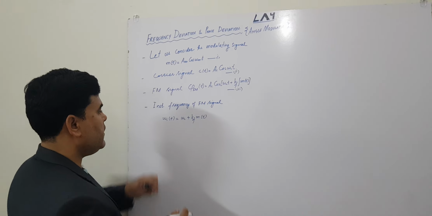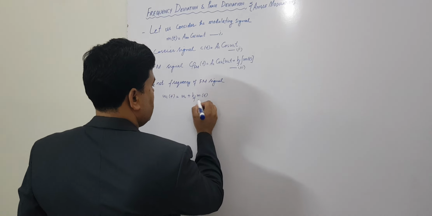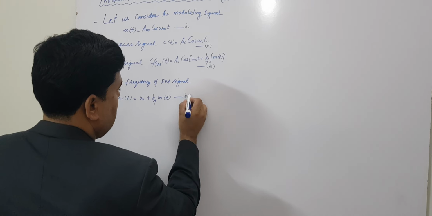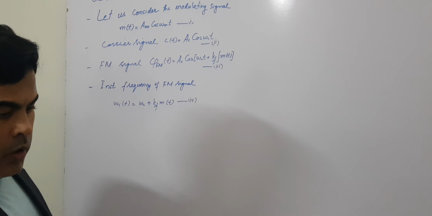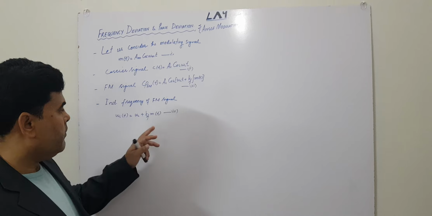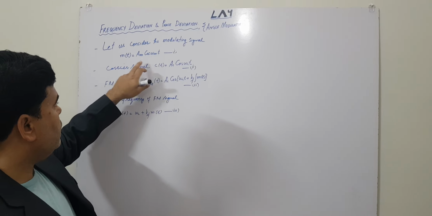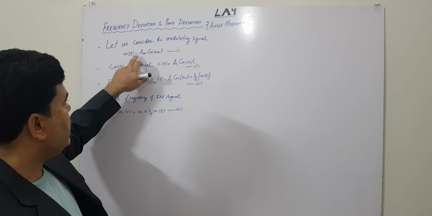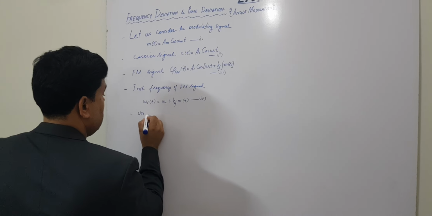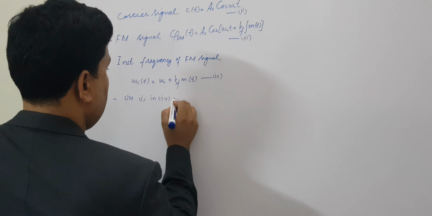Where ωc is the frequency of the carrier, kf is the sensitivity of the modulation, and m(t) is our modulating signal. If you want to know about the modulating signal, that is Am cos ωm t. So you can just insert m(t) from equation 1, using 1 in 4.